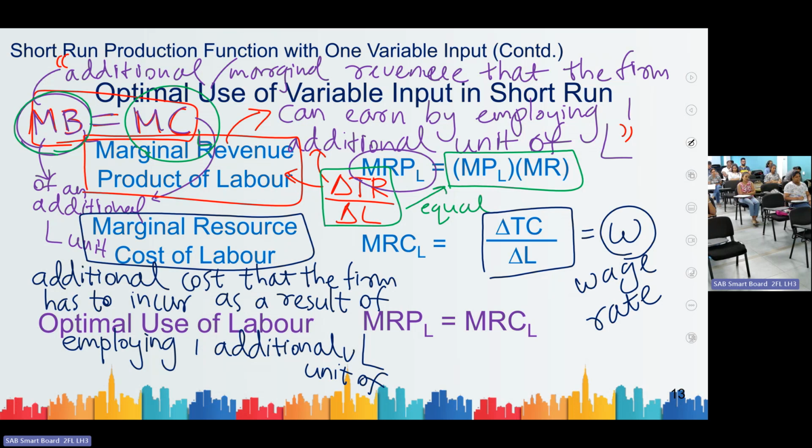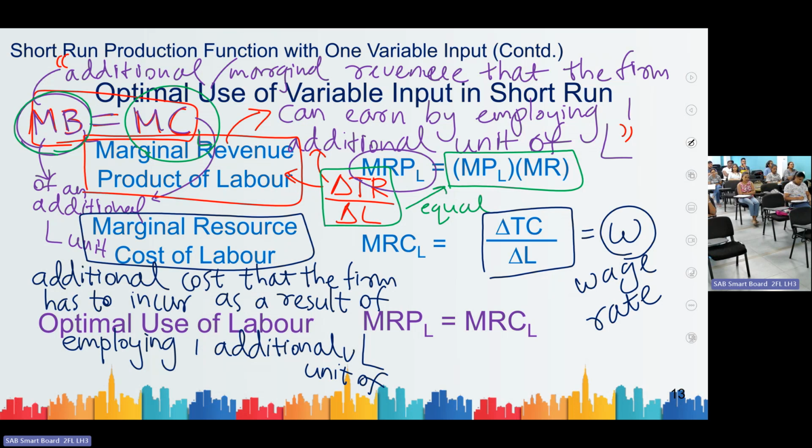It is done by equating marginal revenue product of labor, which is the marginal benefit, with marginal resource cost of labor, which is the marginal cost in this case.